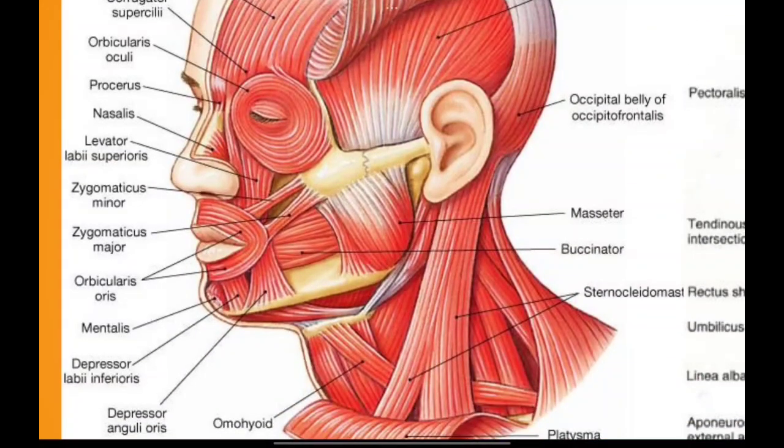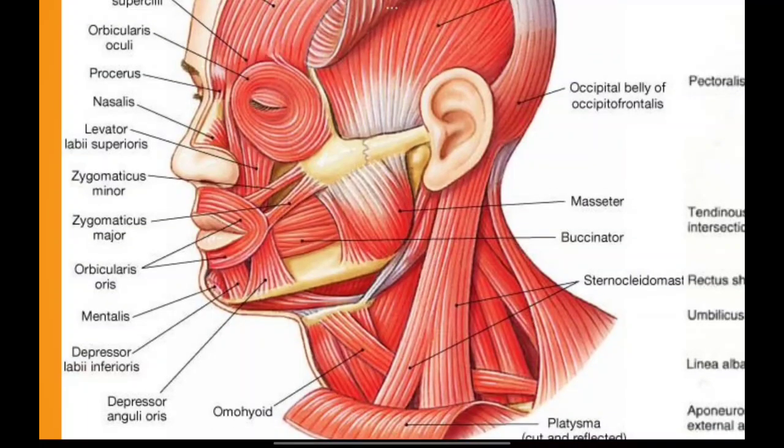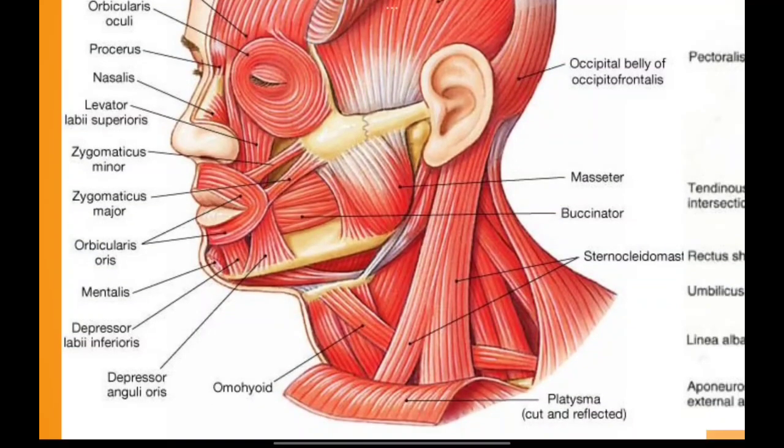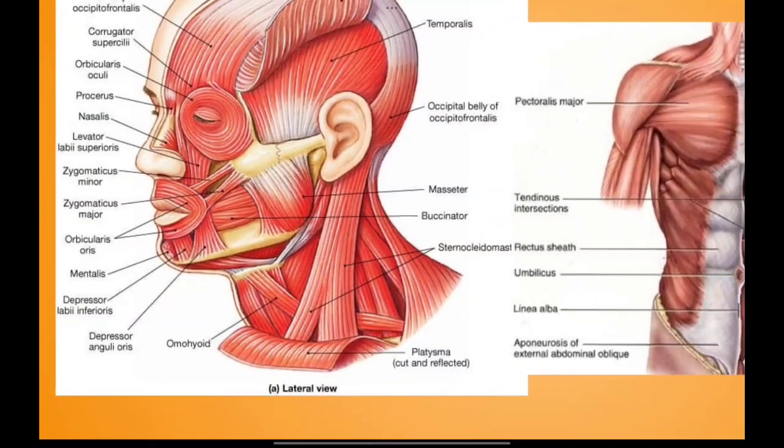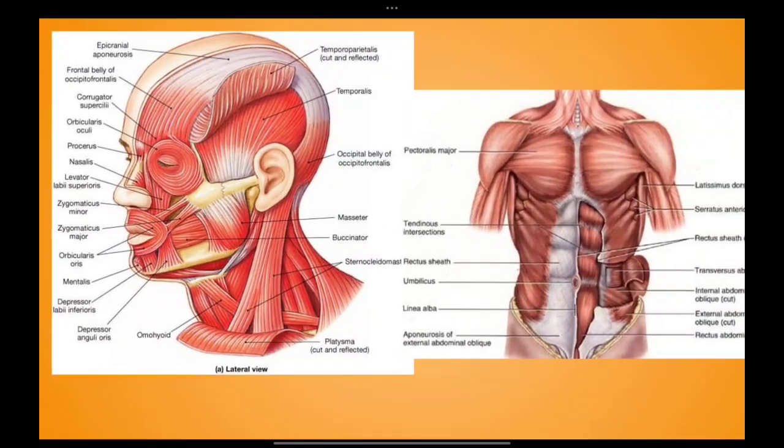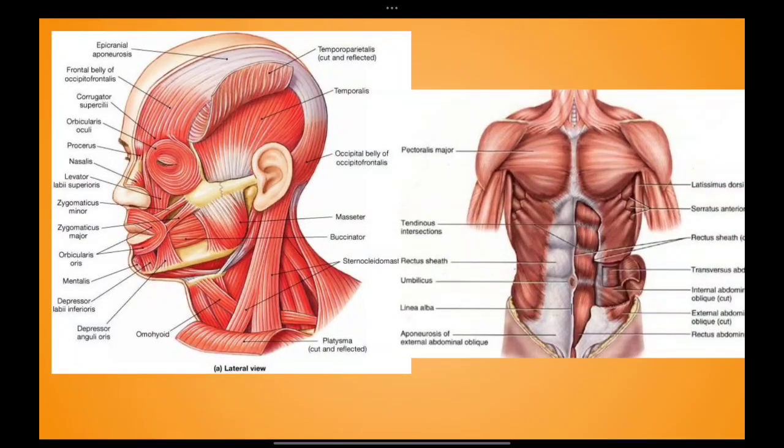Next, zygomaticus minor, zygomaticus major, mentalis, depressor labii inferioris, and various other muscles that are present. So go through each of the muscles and understand the muscles present in the head.